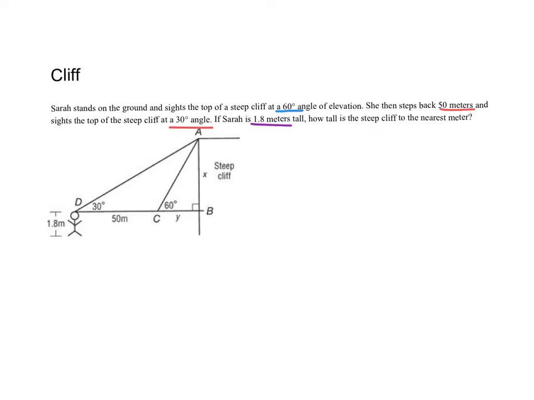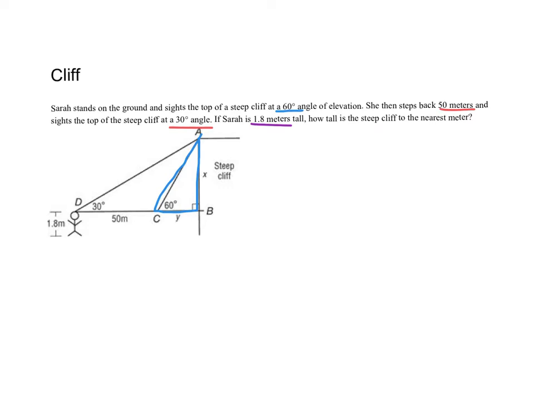So I have two triangles here. I have triangle 1 from A to B to C with sides of x and y. I have the 60. The y is adjacent to the 60. The x is opposite the 60.